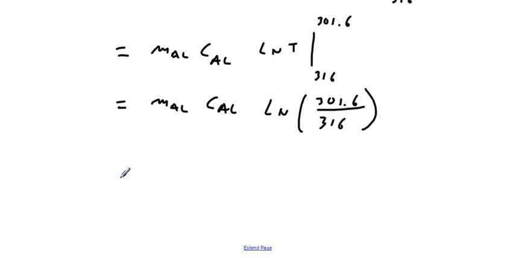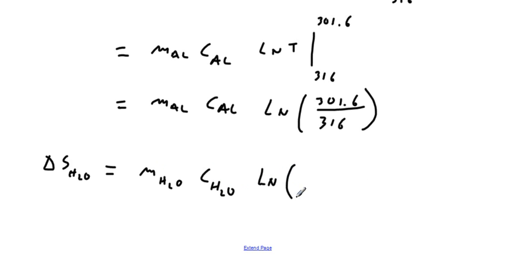And then, when I get done there, I'm still going to have to find the change in entropy of the water. Well, I don't really have to do all the math over again. Mass of the water, specific heat of the water, natural log, and the final temperature is 301.6, so it's going to go on the bottom.